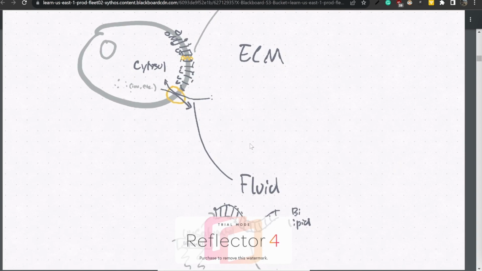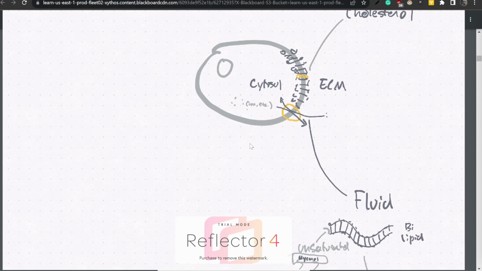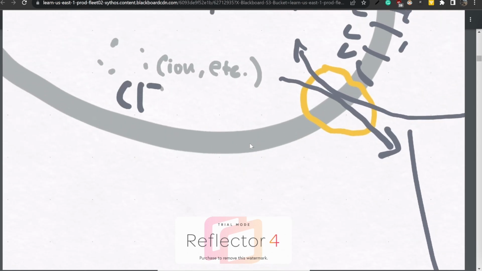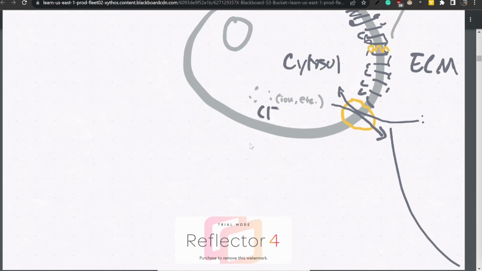I wonder if there's anything that I missed. Oh yeah, I learned about that disease. So if these ions are Cl minus, and this is an epithelial cell, you have something called that disease. I forgot the name.